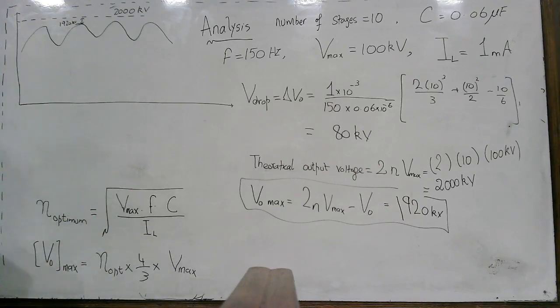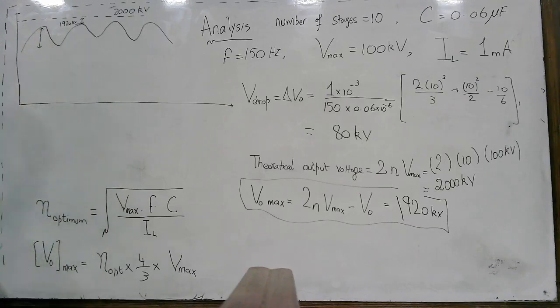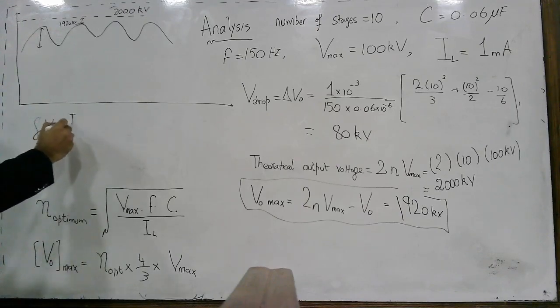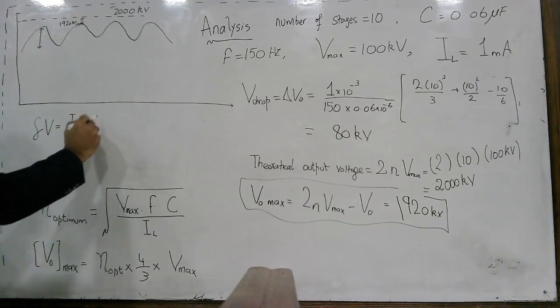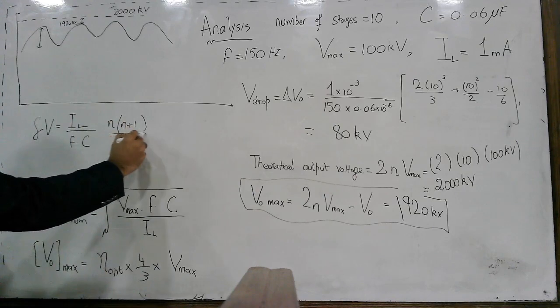One more thing to calculate is the peak to peak ripple, and we have the formula for it. Delta V, the ripple voltage, is equal to IL divided by frequency, capacitance into (n plus 1 by 4).